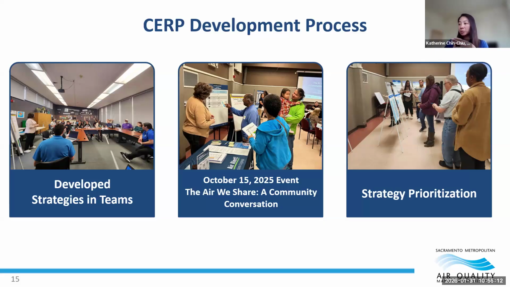At the October 15th, 2025 event, The Air We Share, a community conversation, the steering committee members and members of the public who were involved throughout the process shared the information with community members to gather community feedback and to see if there was support for the strategies.